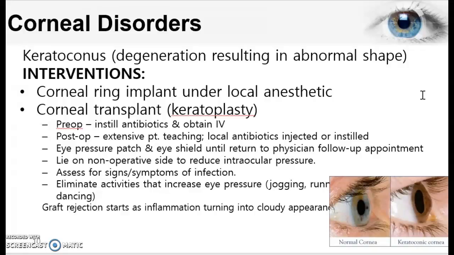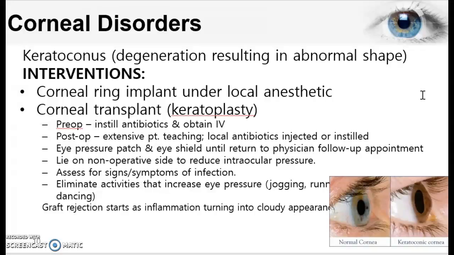You want to avoid and reduce intraocular pressure with this so that it doesn't bulge out again. The patients are told to lie on their non-operative side. They are to eliminate all the activities that would increase eye pressure, like jogging, running, dancing, any heavy strenuous activity.